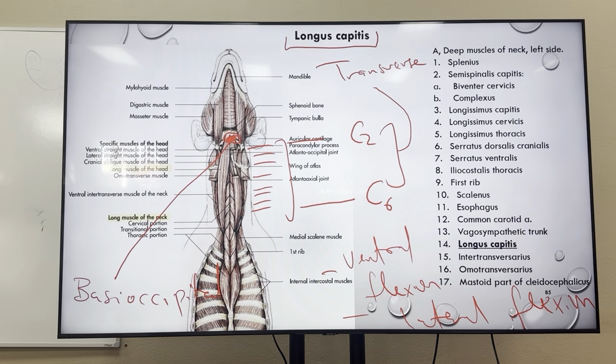Ventral flexion is due to bilateral contraction, and lateral flexion is due to unilateral contraction.